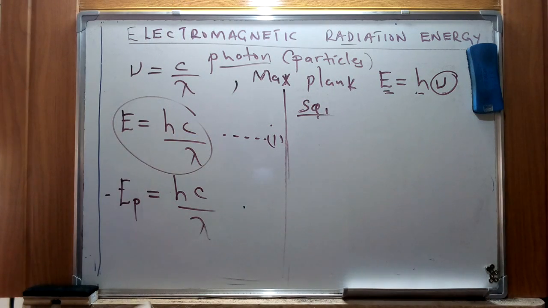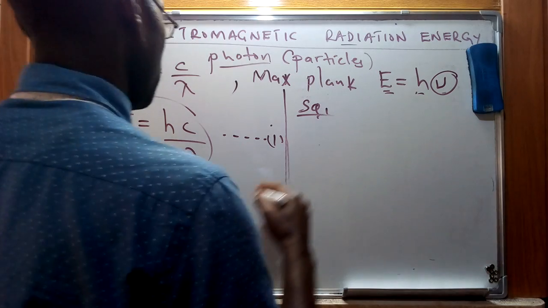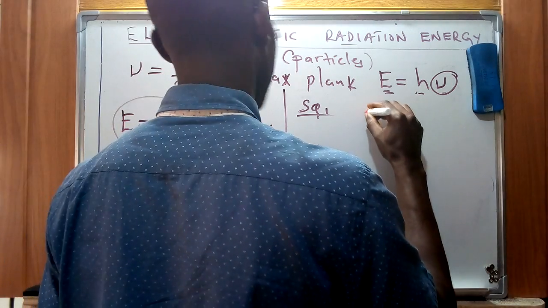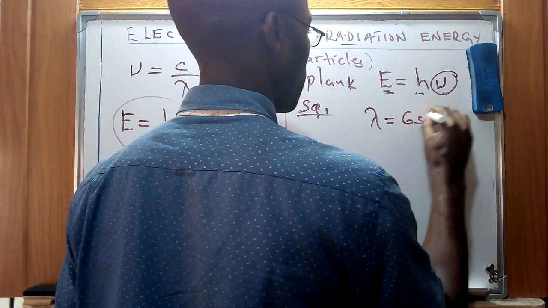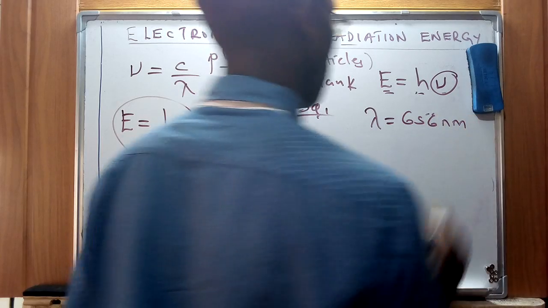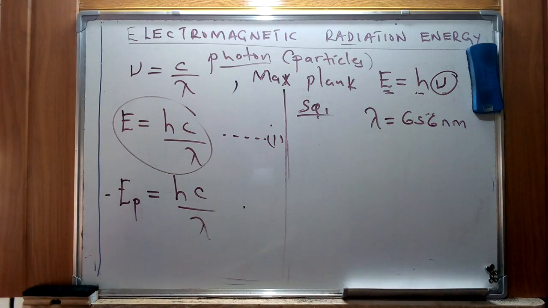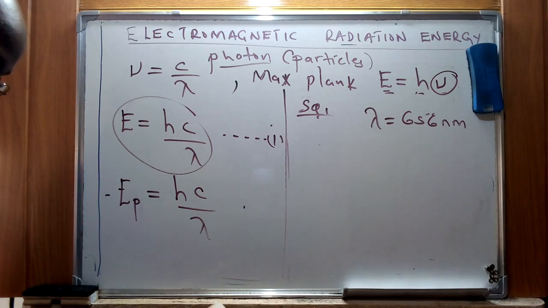Calculate the energy in kilojoules of a photon of red light with a wavelength of 656 nanometers. So we have been given the wavelength of 656 nanometers, which is the wavelength of a red light, and we have been asked to calculate the energy in kilojoules.